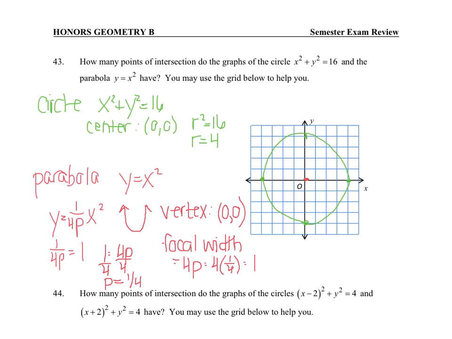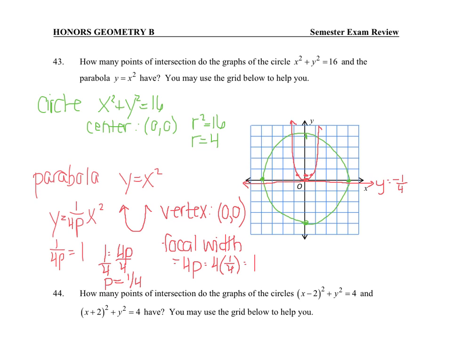I'm going up 1/4 to get my focus, and I'm going down 1/4 to get my directrix, y equals negative 1/4. At my focus, I have a focal width of 1, so I'm going to be going half a unit in either direction. So this is a very narrow parabola.